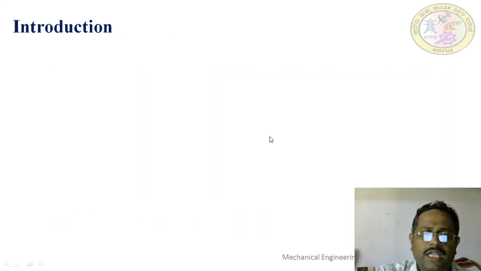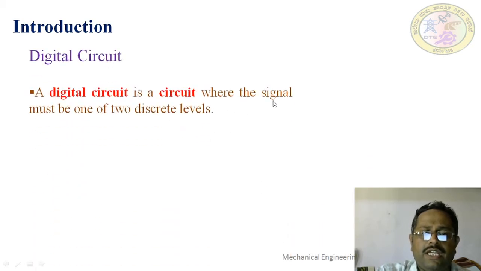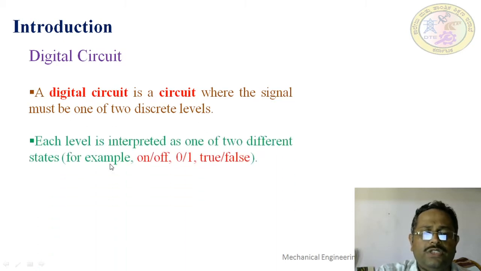Next, we will see what is a digital circuit. The digital circuit is a circuit where the signal must be one of two discrete levels. The two discrete levels are interpreted as either 0 or 1, true or false, low or high, or on or off.